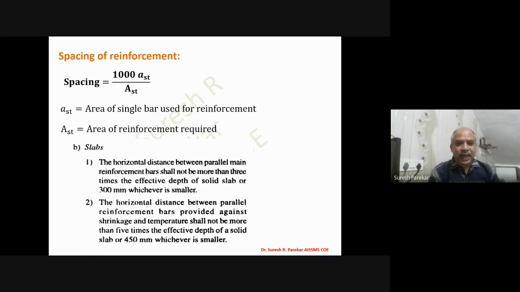Always this spacing whatever we get from this formula, we have to provide less than this, so that AST provided will be greater than AST required. Now that spacing criteria is given for main reinforcement, we have 300 mm or 3 times the effective depth, and for distribution reinforcement 5 times the effective depth, or we can have 450 millimeter.